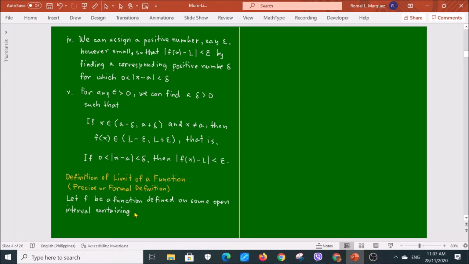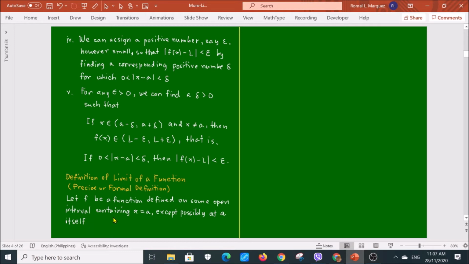That interval contains x equals a, except possibly at a itself.